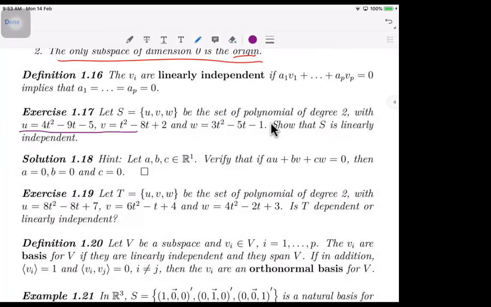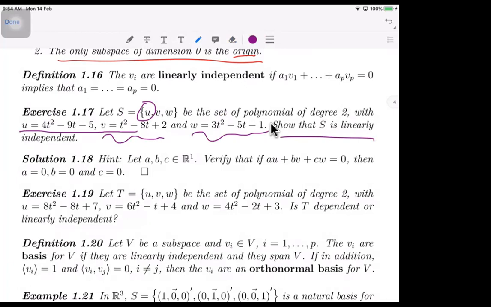U here is 4t squared minus 9t minus 5. V here is t squared minus 8t plus 2. And W here is 3t squared minus 5t minus 1. We want to show that S is linearly independent.